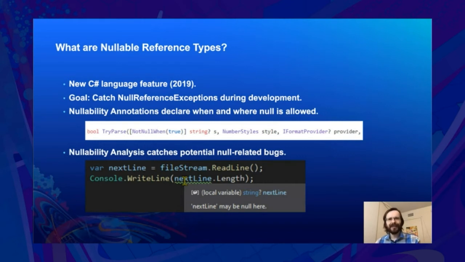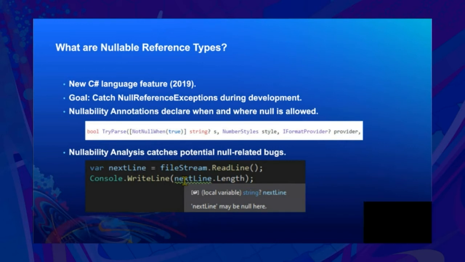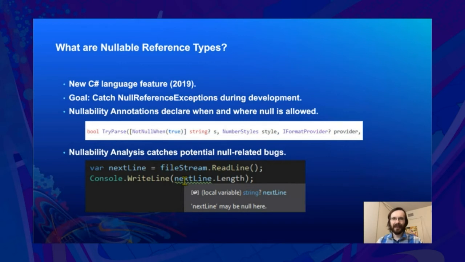There are two parts to nullable reference types. First, nullability annotations allow developers to declare when null is allowed or expected in a parameter, property, variable, or return value. Previously, you had to rely on detailed documentation to describe such specifics, but now it can also be expressed concisely right in the code.